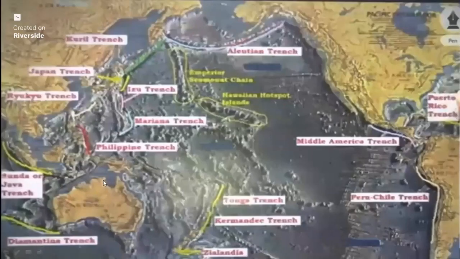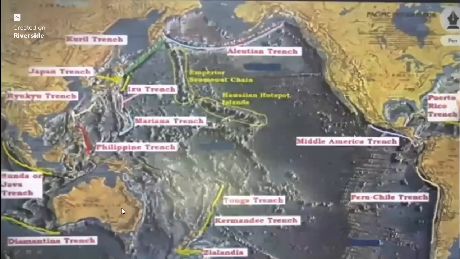So here see this map and remember all those important trenches. See here in this part, we have North America, here we have South America, and then this side is the Eurasia area. This is Russia, then we have the Japan area, then the China area, then it is coming to the Indian Ocean. Here we have Indonesia.